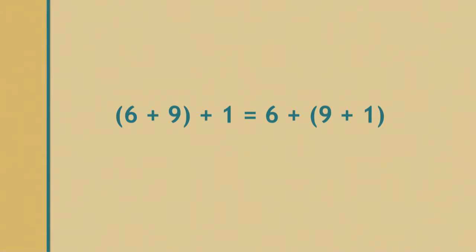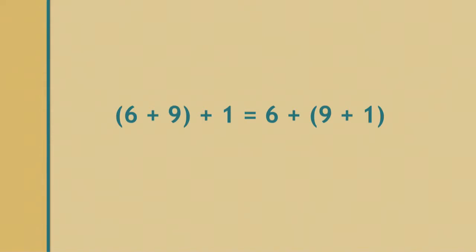The third property is a little bit more involved, but it still isn't very difficult. It is also based on an important mathematical procedure that any time we have an operation inside parentheses, we should do that operation first. You'll see this in many other math lessons too. Is this a true statement? Let's take the time to verify it.